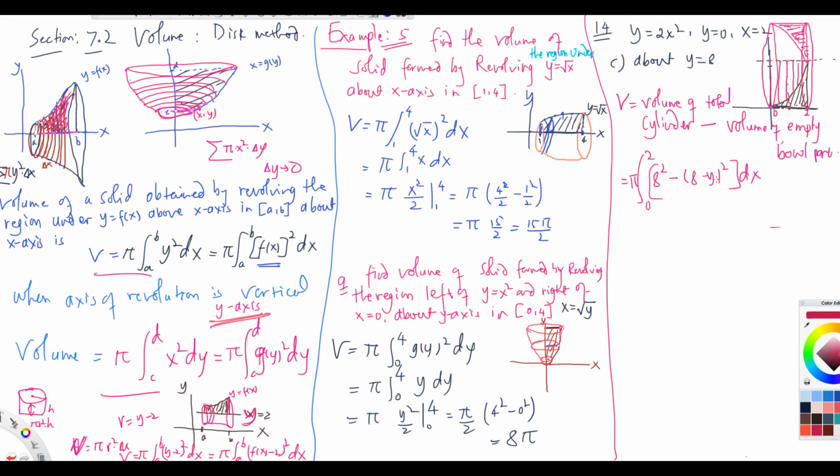Why do I use dx? Because the axis of revolution is horizontal, like the x-axis. That's why, guys.